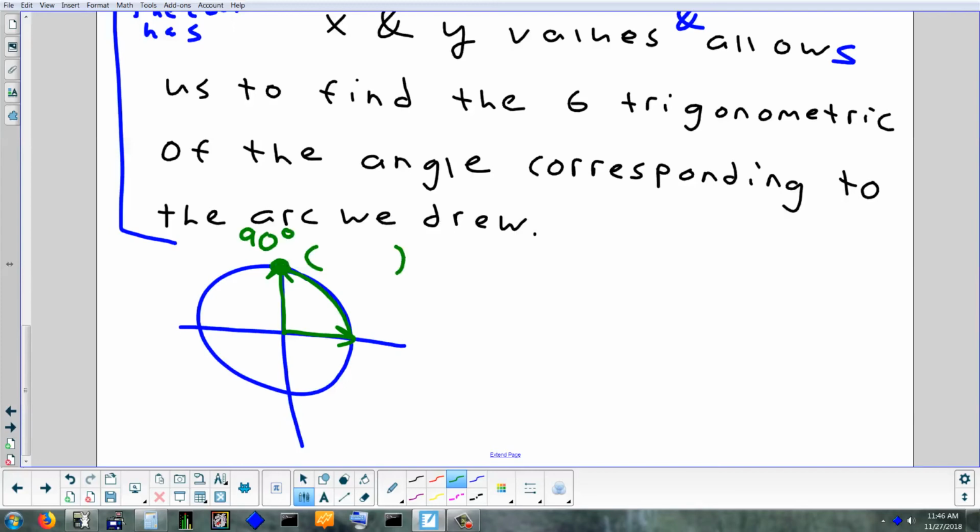So this is actually one we should be able to find the coordinate for. This is a unit circle. Here's the origin, and you went up 1 unit. Because remember, the radius of a unit circle is 1. So what do you think the coordinate would be for 90 degrees? Yep. 0, 1. Yeah, it's 0, 1.